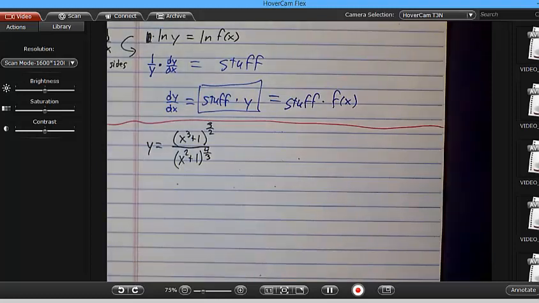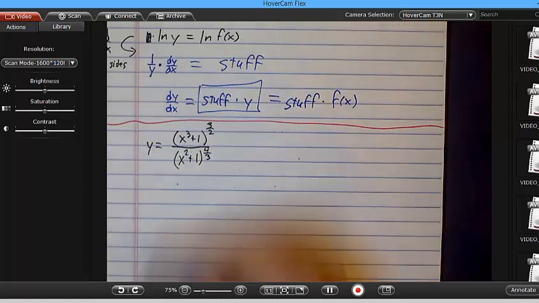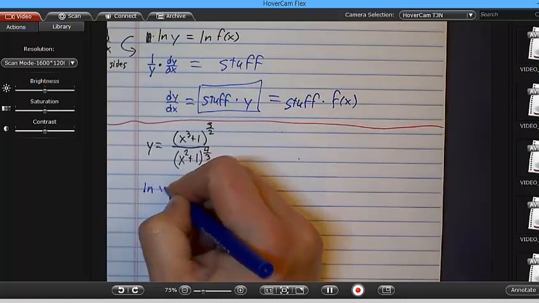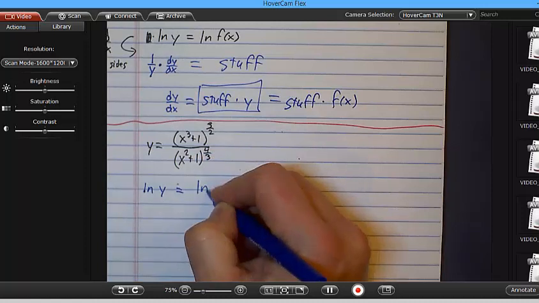And when you see a function with exponents, that's kind of a dead giveaway that maybe I should use logarithmic differentiation. That would help here. So what's it mean? The process is, do what to both sides? Take the natural log. So natural log of y is equal to the natural log of the ugly fraction.